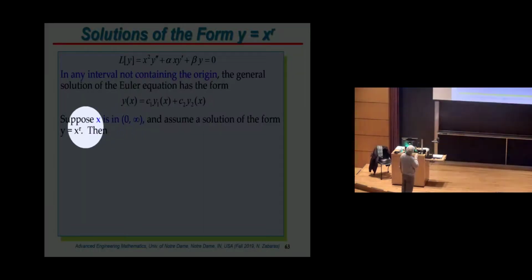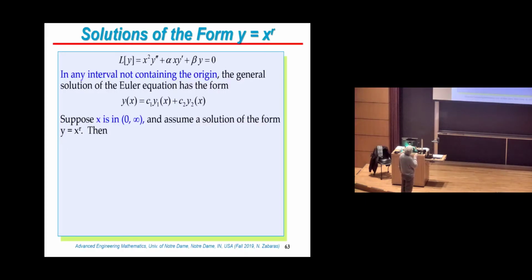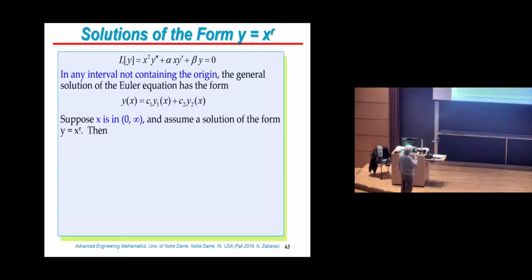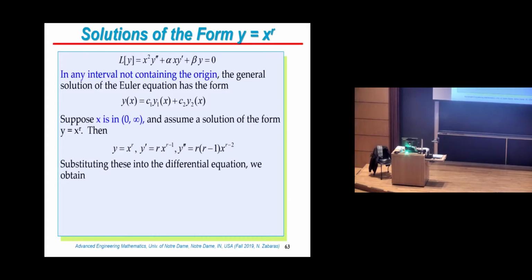So how do we compute these solutions x to the r and why actually does this thing work? It's very simple. We're going to take the first and second derivative, plug it in, and see if we can compute what r is. So that's what I have there. y equal x to the r. Take one derivative, take a second derivative, plug in, and basically you will get the equation L of x to the r. By the way, there is a reason that I am using all of this together in this nice notation.